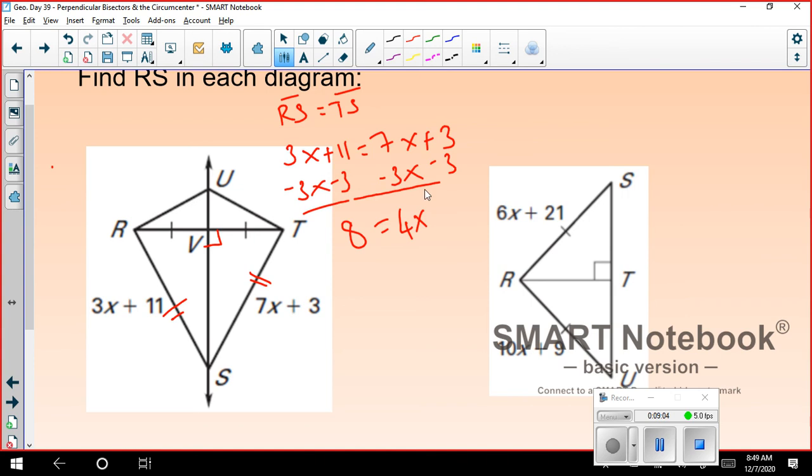Plus 3 minus 3 gets crossed out. Further dividing by 4, I get x equals 2.